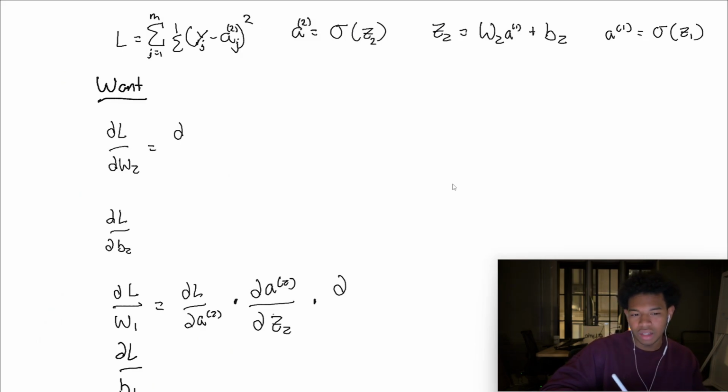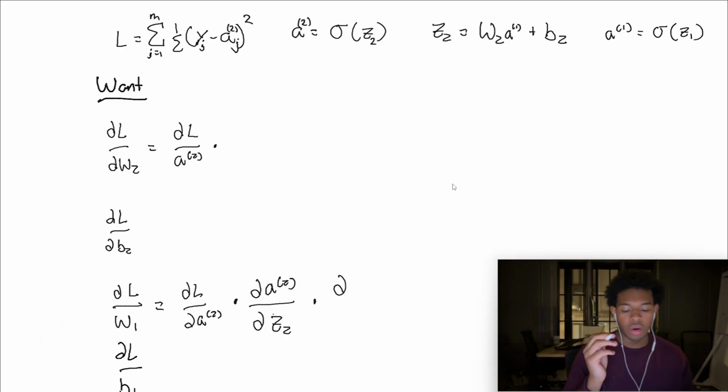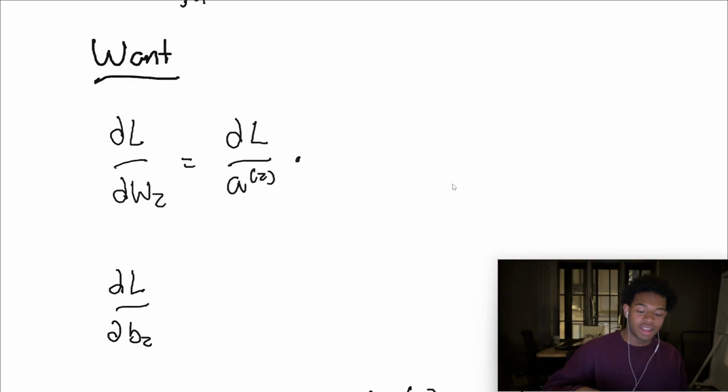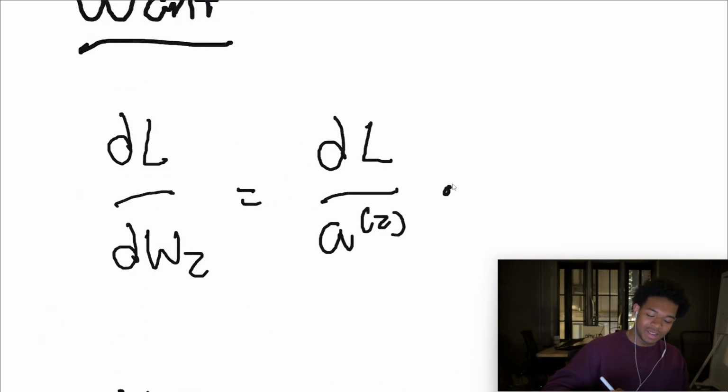Is it a delta? Let's not worry about it. Over A2 times. Oh, but we already can't do that. Oh man, and I gotta go back to the notation from class. You do W2 and we want to do JI.